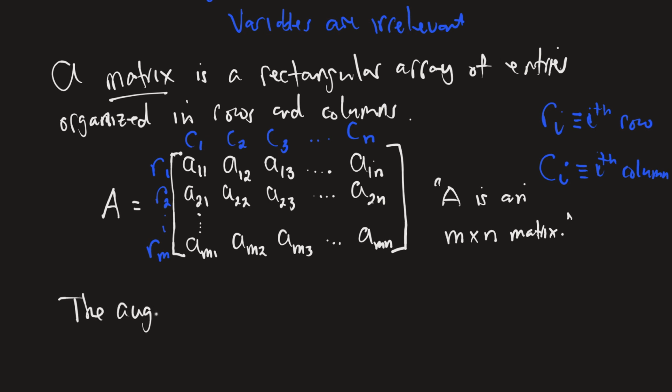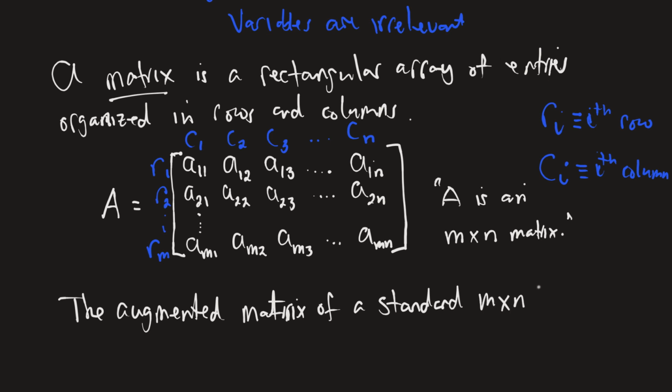So the augmented matrix of a standard m by n linear system is given by the following.